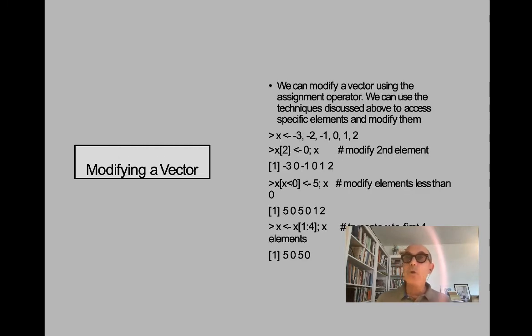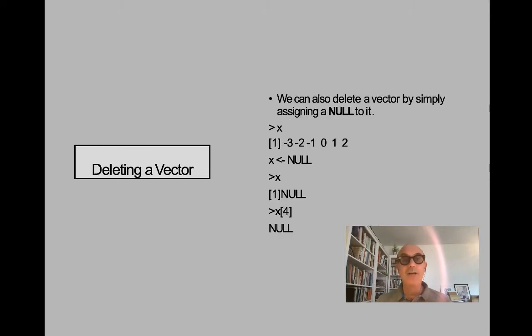Modifying the vector can be done too, and we are going to use it. In this case, we can modify it by adding a value to it or modifying the elements less than 0. Again, those are the structures that we can use in order to fit the data that we are trying to work with.